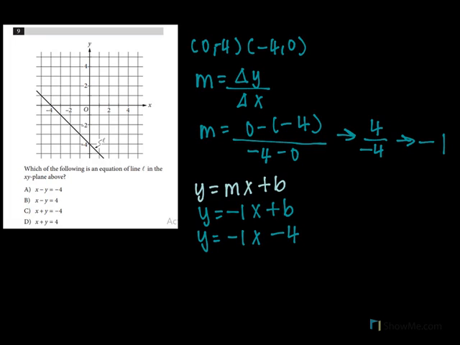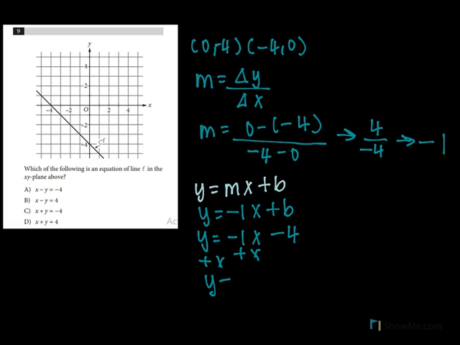This is our slope-intercept form. However, the answers have both variables on the left-hand side and the constants on the right-hand side. To reform that, a simple method would be to add x on both sides.